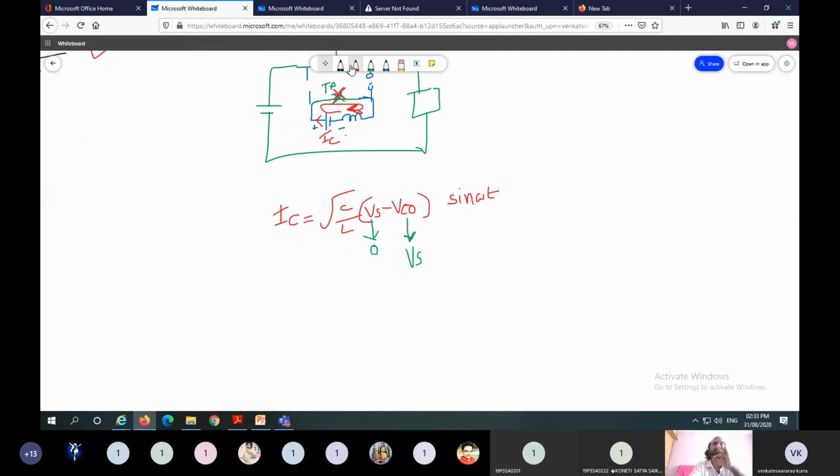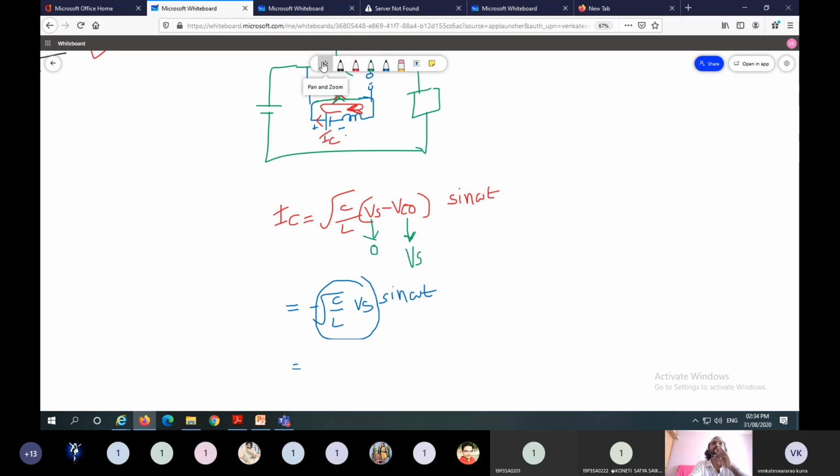So the formula for the capacitor current is square root of C by L. This one is minus because the Vc naught value is Vs sin omega t. This value is taken as the maximum value. So at the present state, the current is negative current. So it is a negative half cycle.